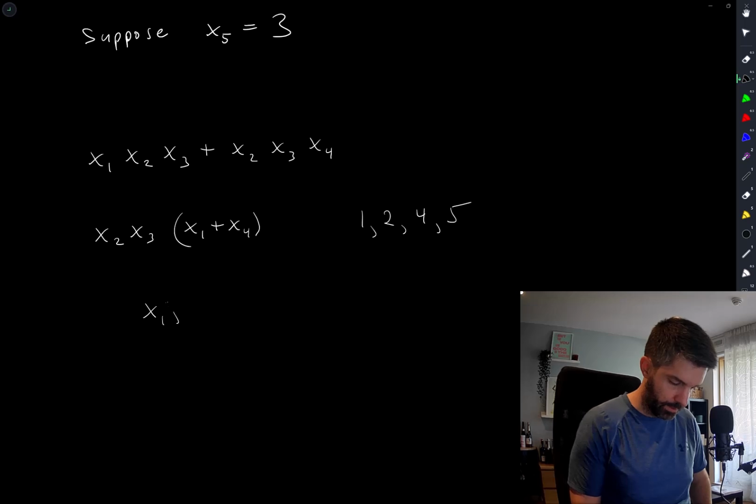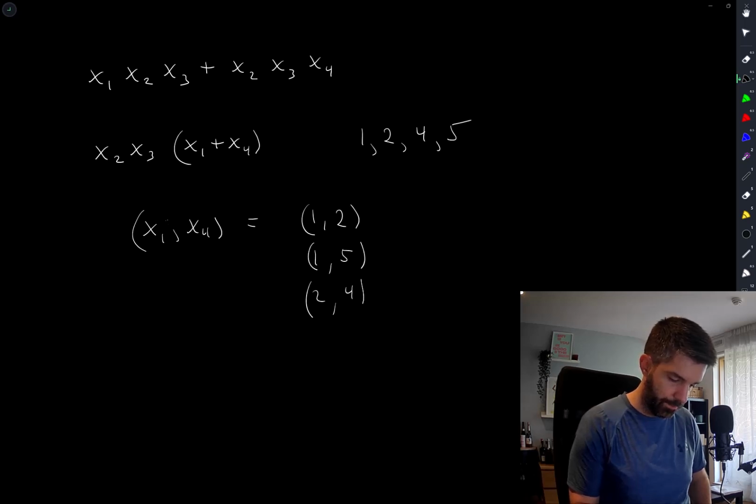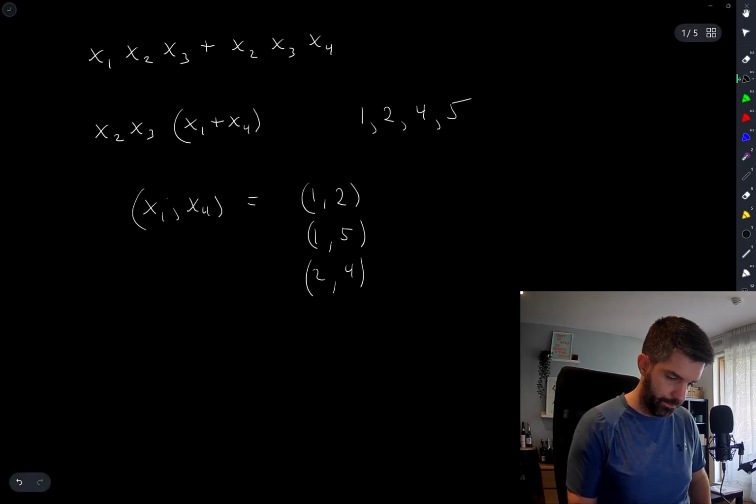So x1 and x4 can be equal to 1, 2, 1, 5, 2, 4, 2, 5 does not work. 4, 5 works.